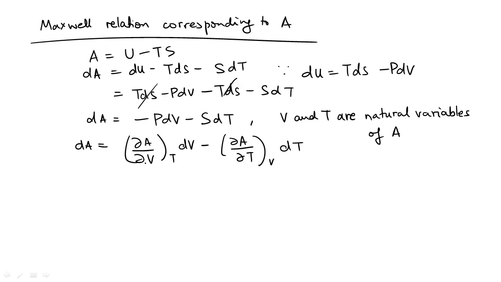So (∂A/∂V) at constant T is minus P, and (∂A/∂T) at constant V is equal to minus S.